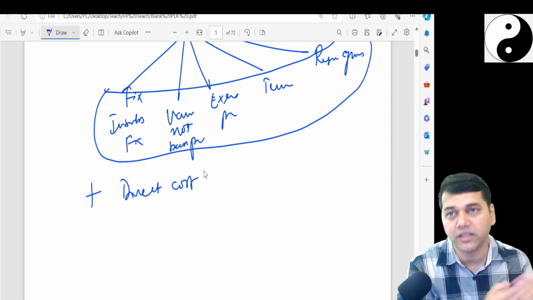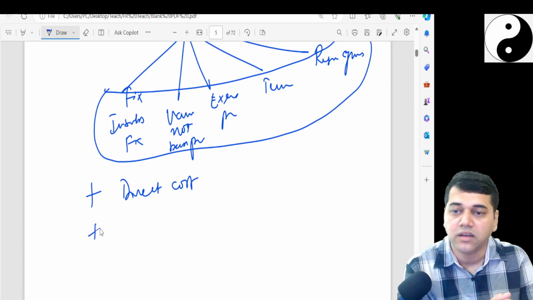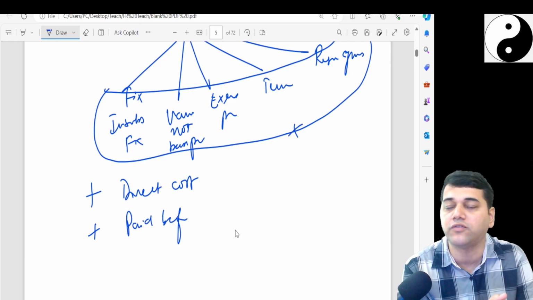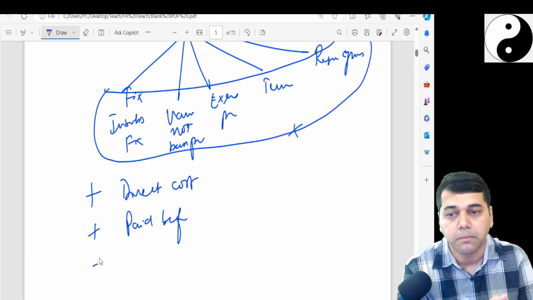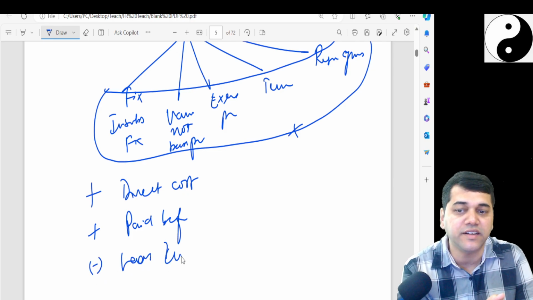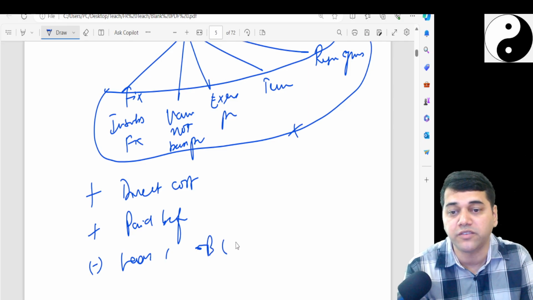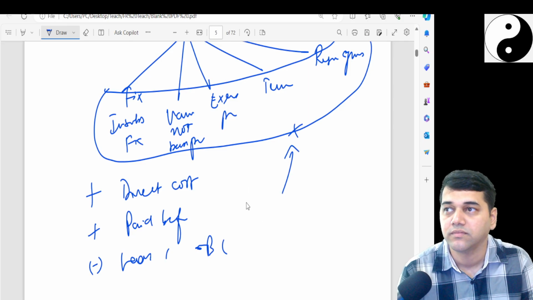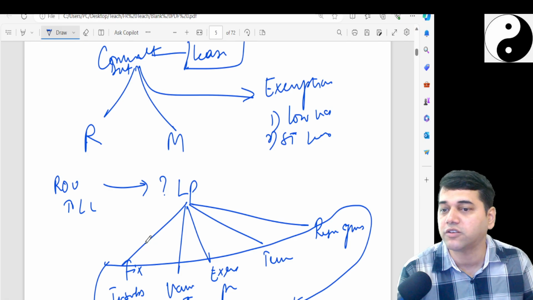Otherwise, you have to amortize it. Then anything you paid before commencement is added, minus lease incentives which you received before commencement. After commencement, it would have got adjusted here. Okay, that's clear. This is all about your initial recognition and measurement.